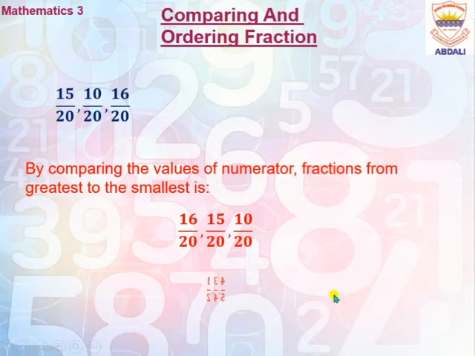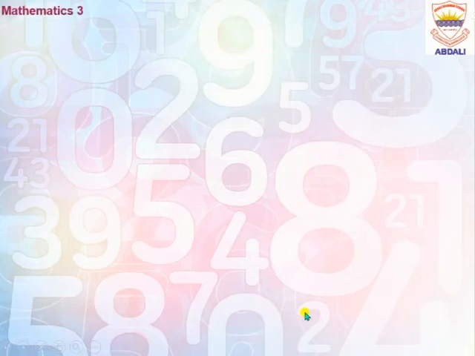Yeah, from the fraction 4 by 5 we get 16 by 20, from the fraction 3 by 4 we get 15 by 20, and we get 10 by 20 from the fraction 1 by 2. Is it clear? Good.